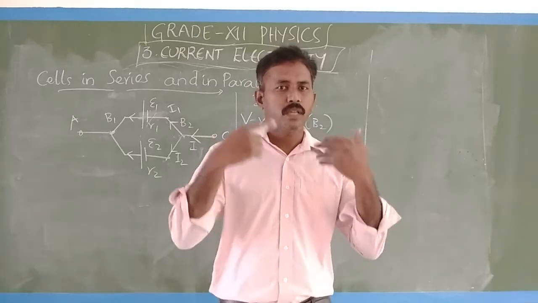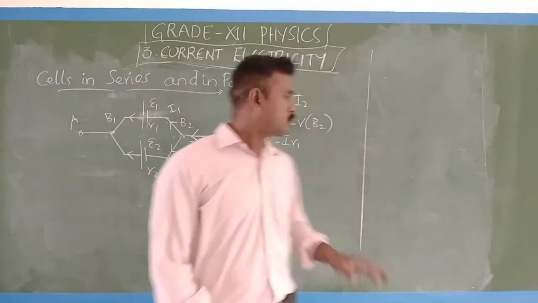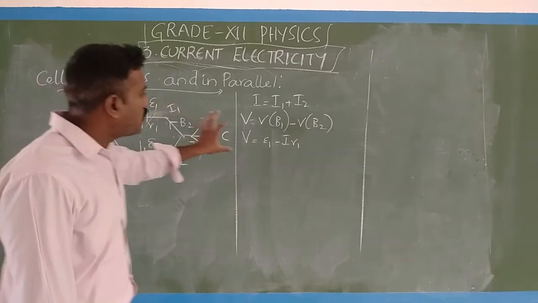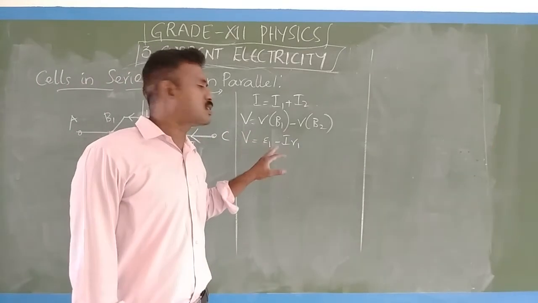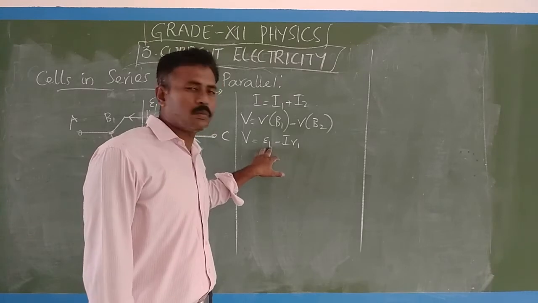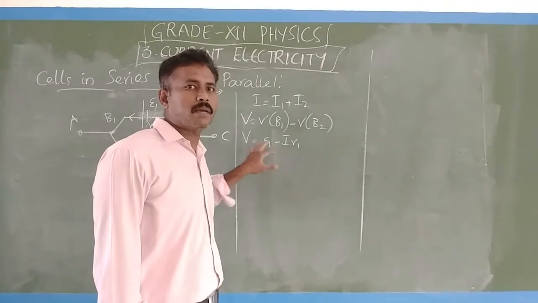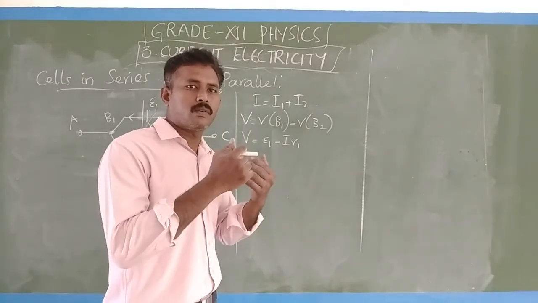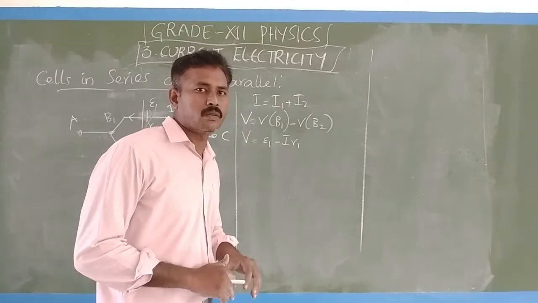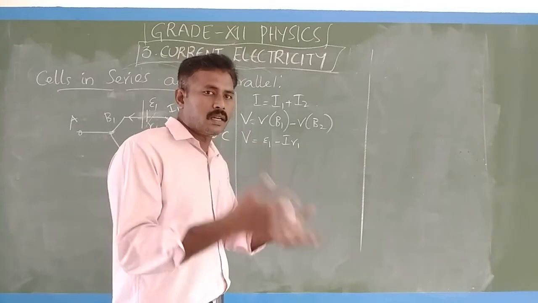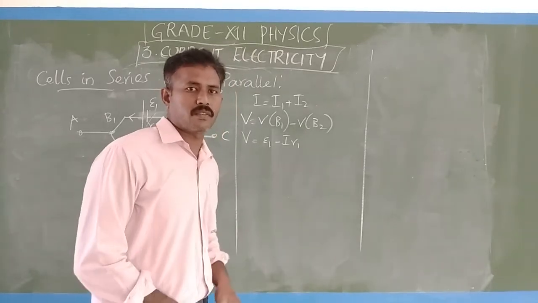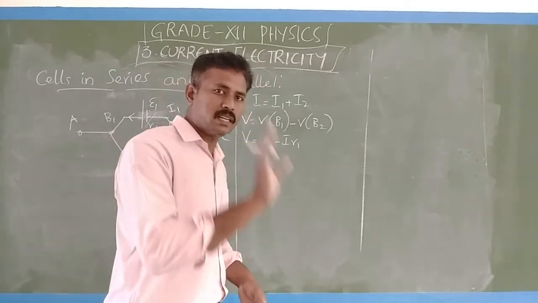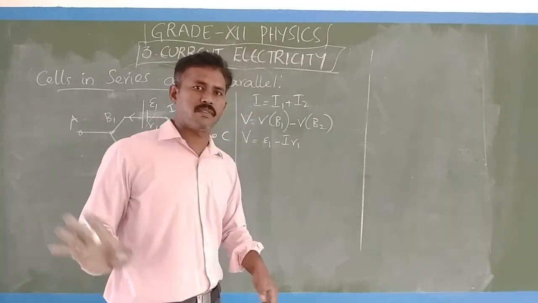Okay, so in that way you think. The maximum value that V can be is E1, but some voltage is being lost in the cell itself. That is a drop in voltage in the cell itself due to the resistance of the cell itself.